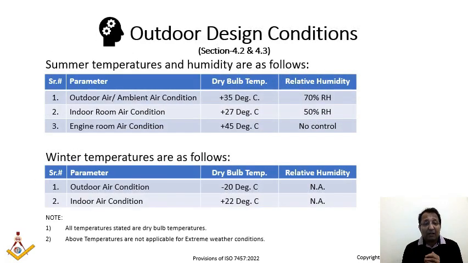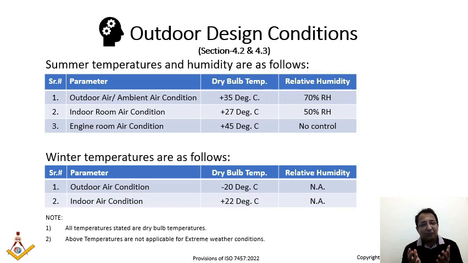In this particular slide, we are going to talk about the outdoor design conditions. Section 4.2 and section 4.3 of this standard define the summer temperatures and humidities and winter temperatures for ships. As you know, a ship moves from one location to another, so we cannot take a particular temperature.